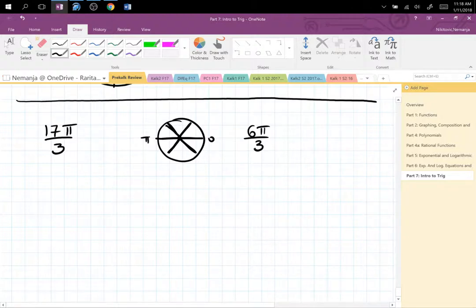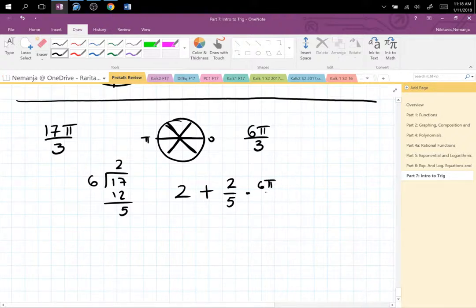Therefore, 17 pi over 3 is divided by 6 pi over 3 to get the full revolutions. So 6 into 17 goes twice for 12, and the remainder is 5. So what do I have? I have 2 full revolutions plus 5/6 of 2 pi.